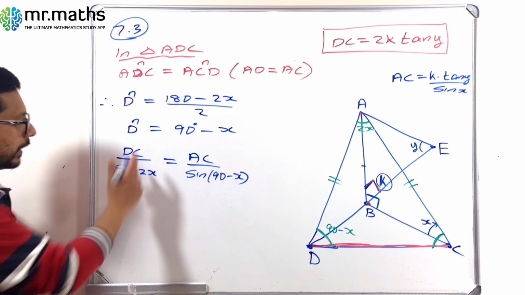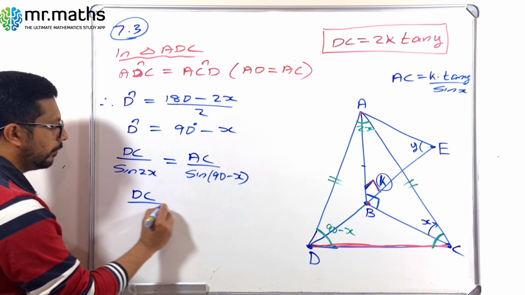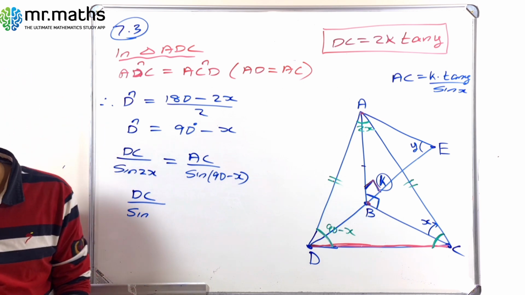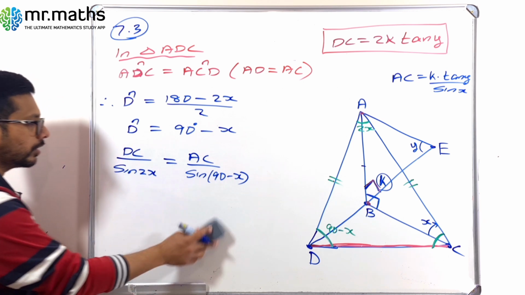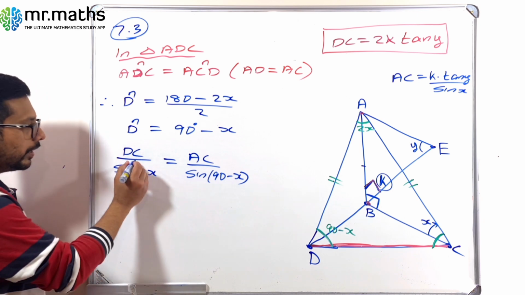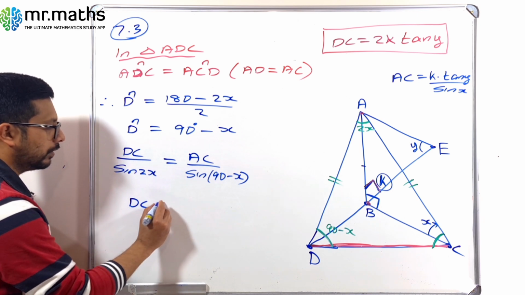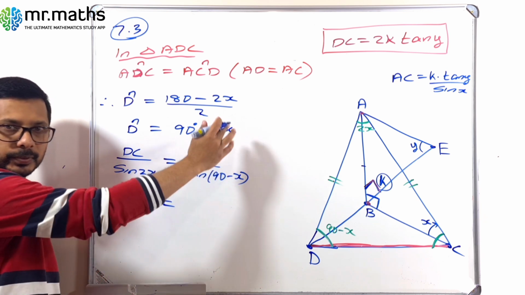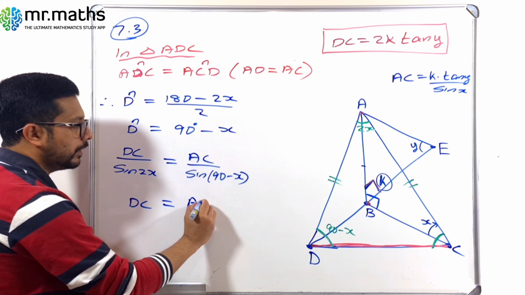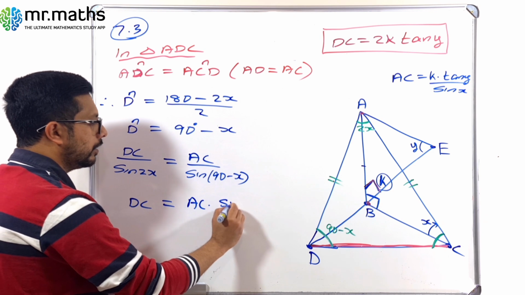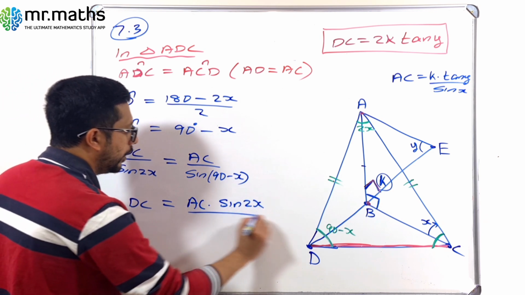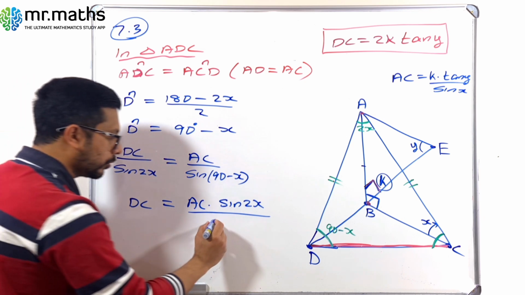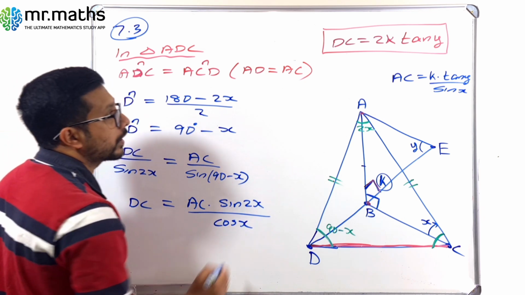Let me write it in one step. From here, what is DC? I have to take this one to the numerator, cross multiply. So it is AC times sine 2x divided by sine 90 minus x, which is positive cos x.